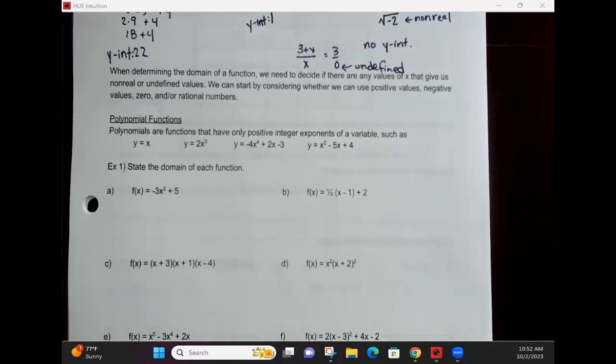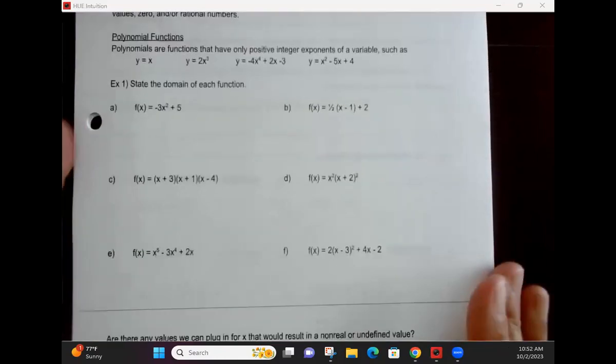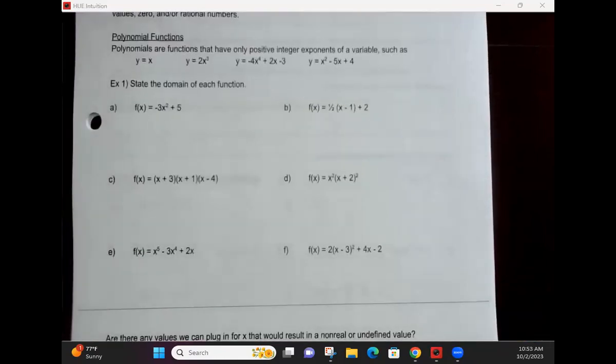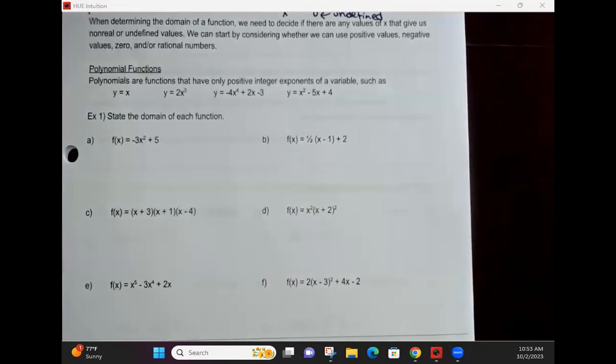What we're going to be on the lookout for are any values for x that give us something not real or undefined. Well, as I take a look at my polynomial functions, do you see division in any of these? Like, do you see division like this in any of these, for example, 1? No, no division, right?